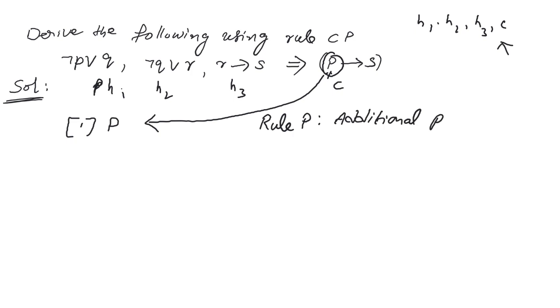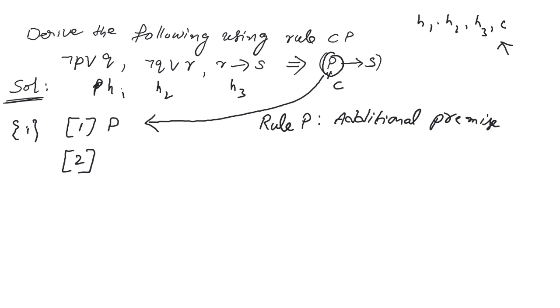We should write here additional premise. If it is a premise, we should write the step number as the logical consequence, step one. So this step is nothing but a logical consequence of itself, right? Now step number two.